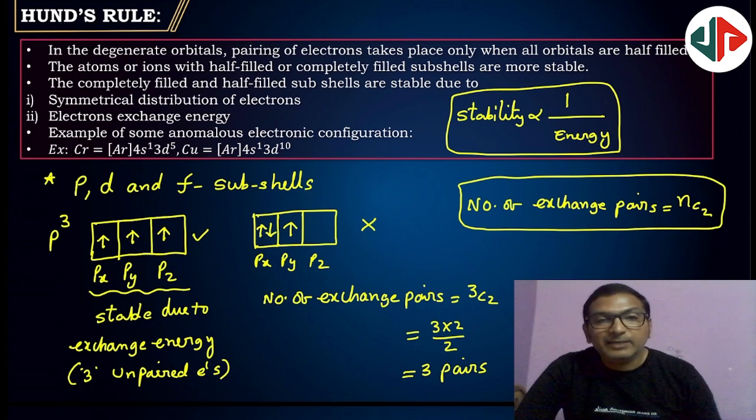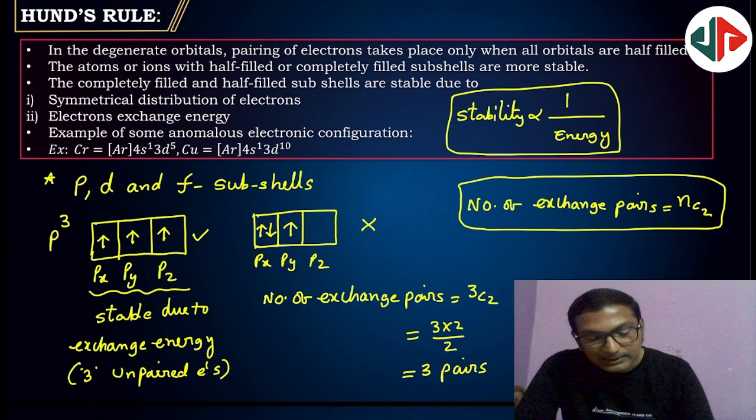In D5 configuration, we get 5 into 4 by 2, 10 pairs. In F7 configuration, we get 7C2, that means 7 into 6 by 2, 21 pairs. The more the number of exchange pairs, the more the decrease of energy and the more the increase of stability. Remember that point.